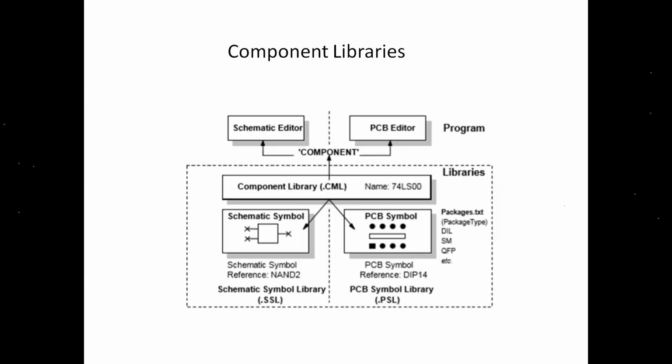This component library will have only one name, like 74 whatever you give the name, and this name can be addressed for the schematic symbol, the PCB symbol, as well as the 3D model, and this is accessed by both the editors. But the schematic editor will have access only to the schematic symbol, and the PCB editor will have access to the PCB footprint. So a footprint is nothing but an actual representation of the component.